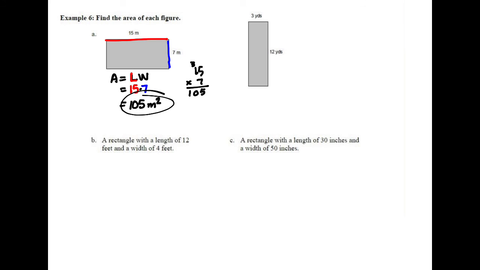So, starting with our formula, we have area equals length times width. You can put a dot, you can put an X. I don't like using an X, I've told you, because X looks like a variable. And now since we're talking about letters already, we don't want to throw in something that's going to throw us off. Okay, so I'm going to say length is the long one, so that's going to be the 12.